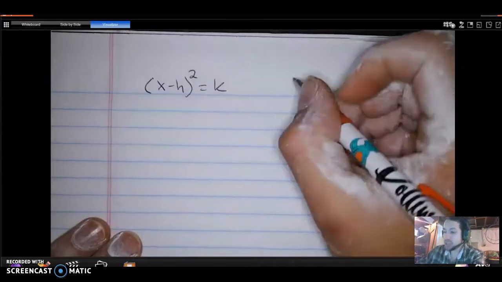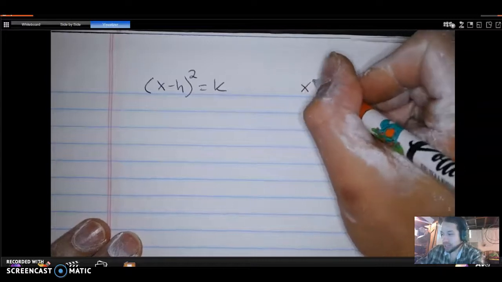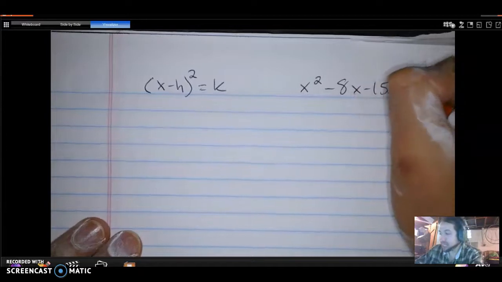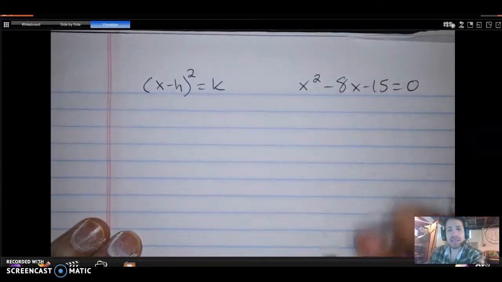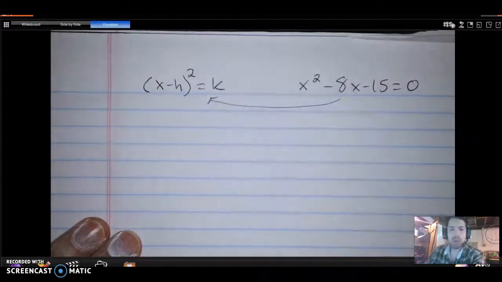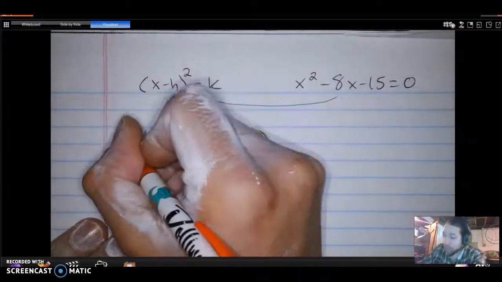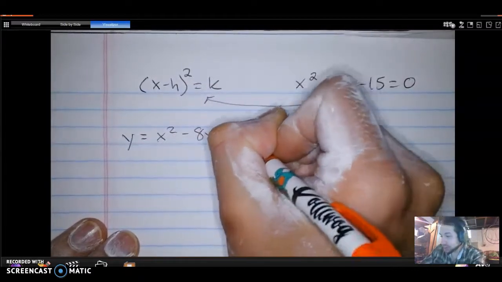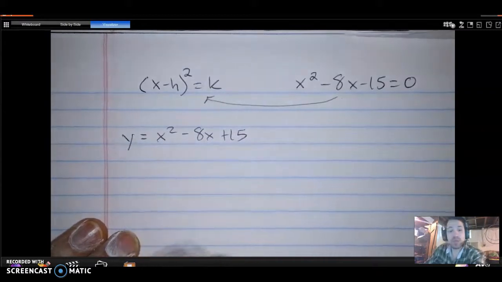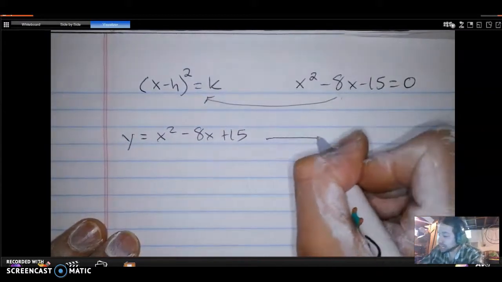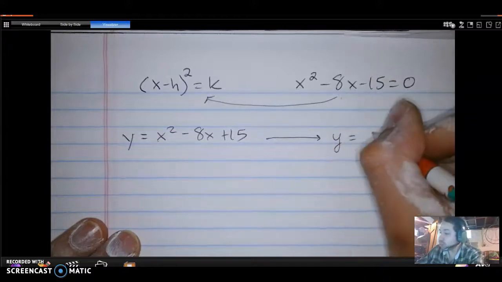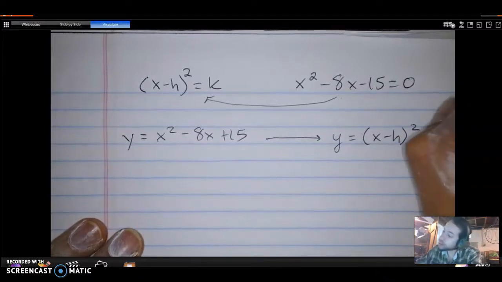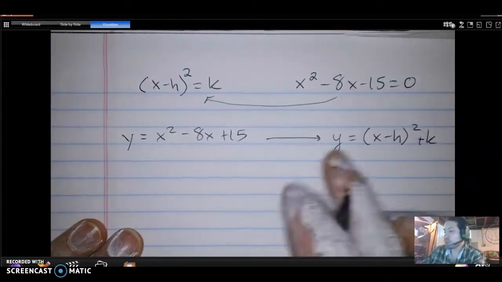Instead of starting with an equation like x squared minus 8x minus 15 equals 0, we're going to start with the equation y equals x squared minus 8x plus 15. Notice the equation is in terms of x and y, and we're going to get it into the format y equals x minus h squared plus k.